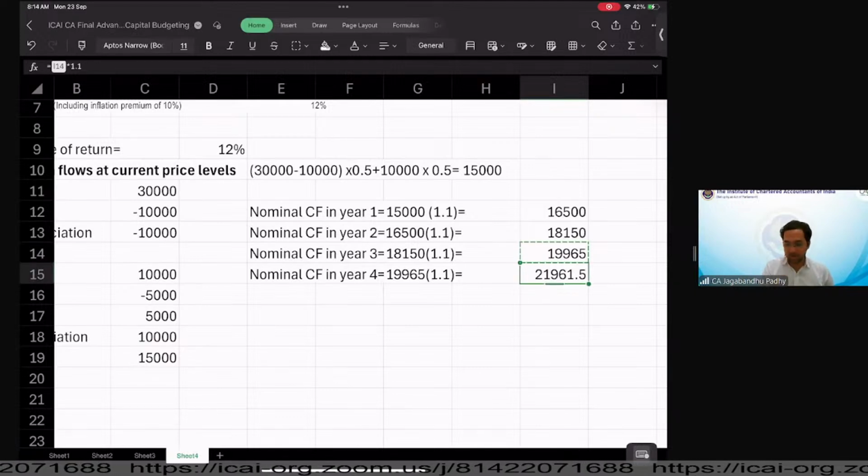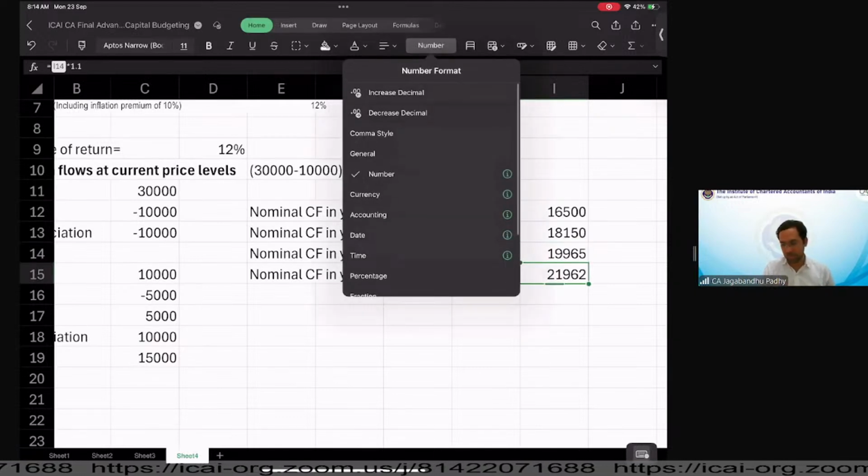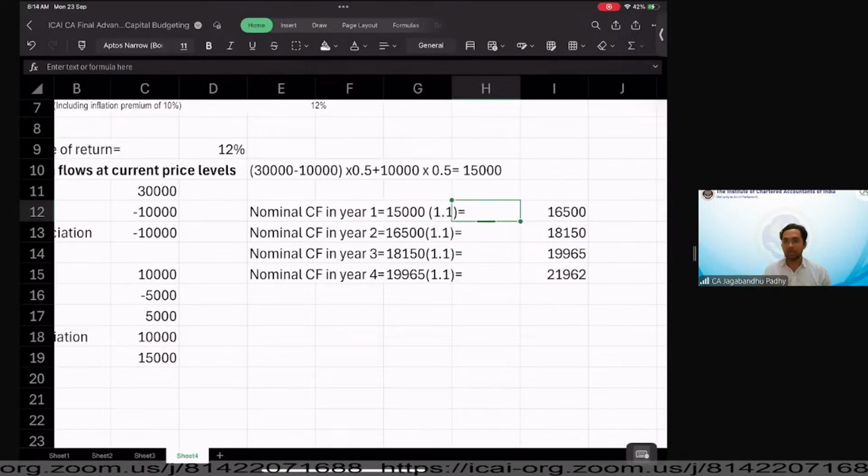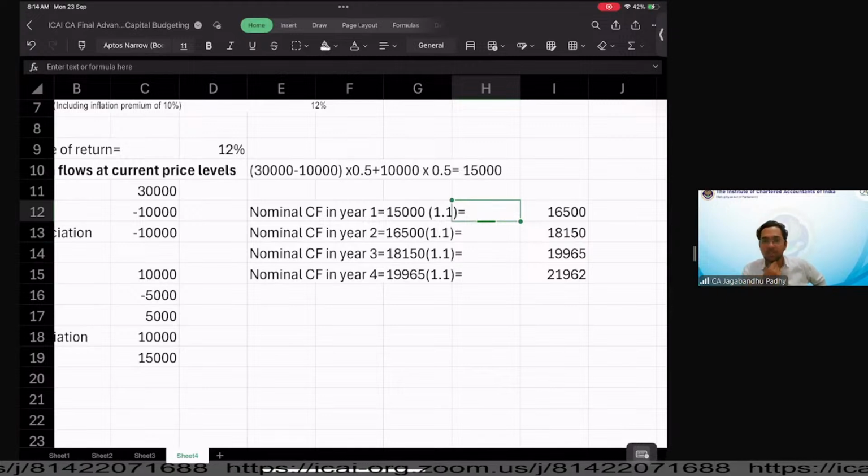That becomes 21,962. Can I say these are the nominal cash flows? I hope we are understanding how we got these numbers of nominal cash flows. Are you good with this, guys? Every year we are increasing the prices by the 10% inflation rate. Correct, guys? These are our nominal cash flows.